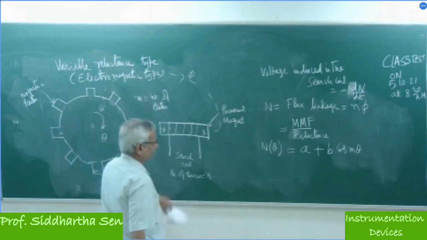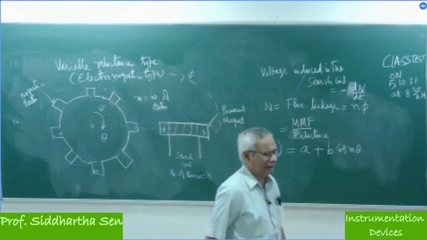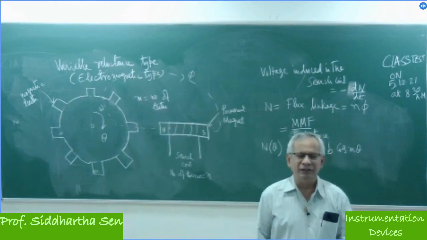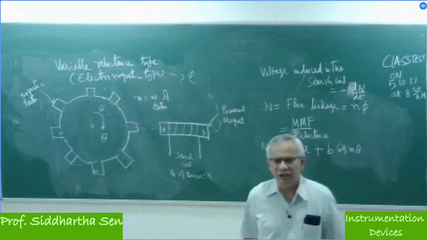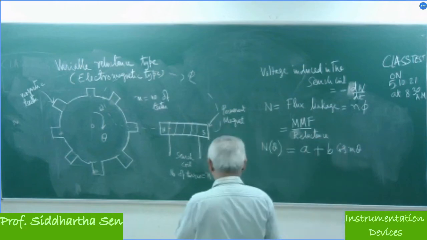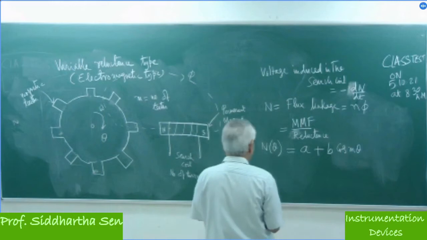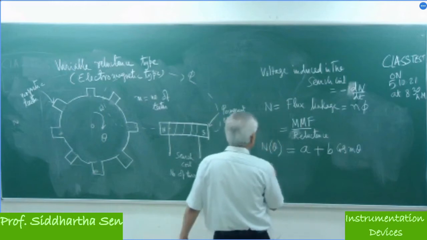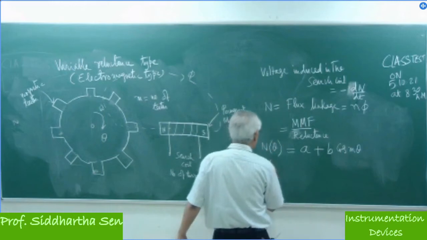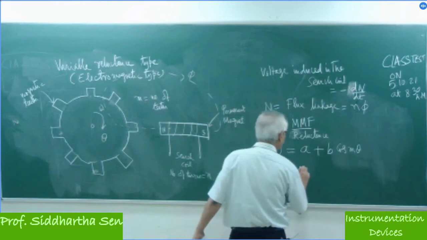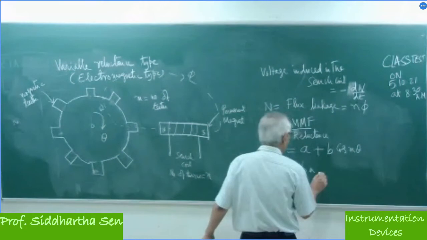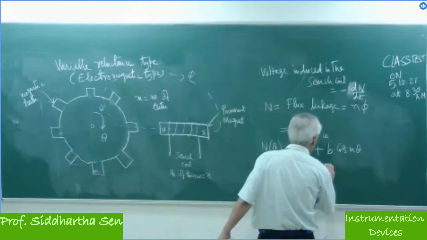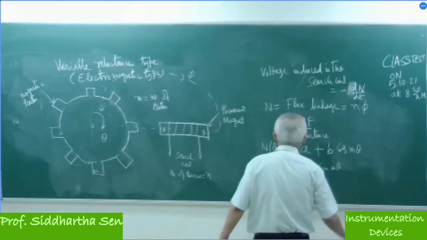So the flux linkage is a constant plus B into cosine of m theta, and dN/d theta is equal to minus B m into sine of m theta.